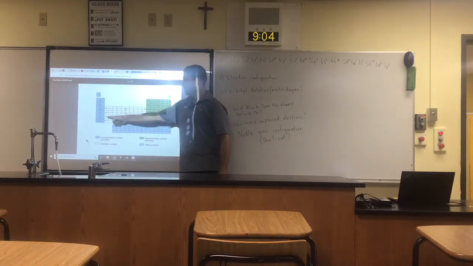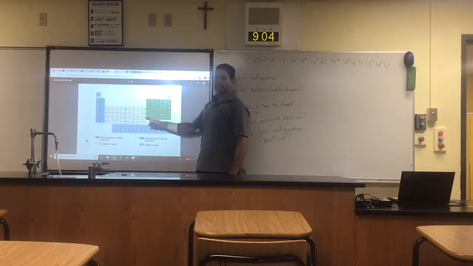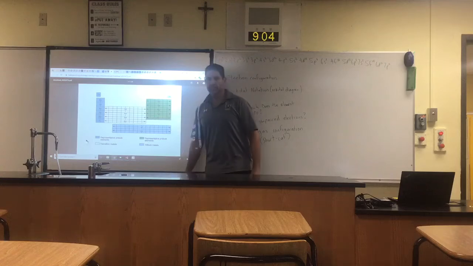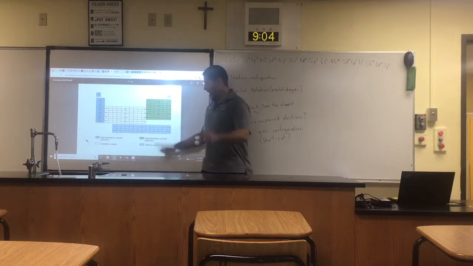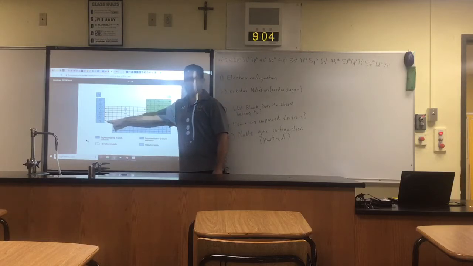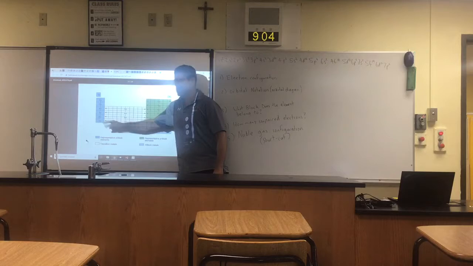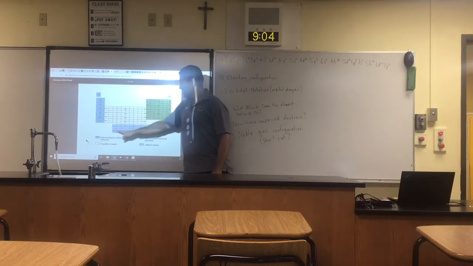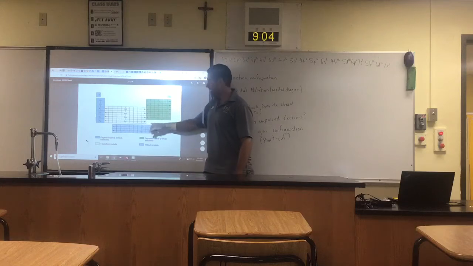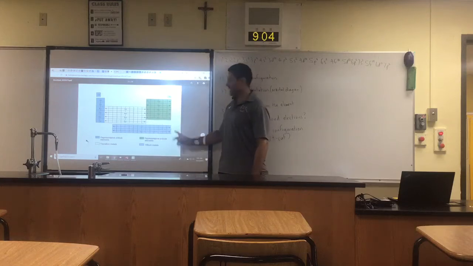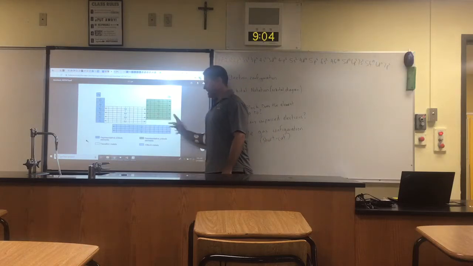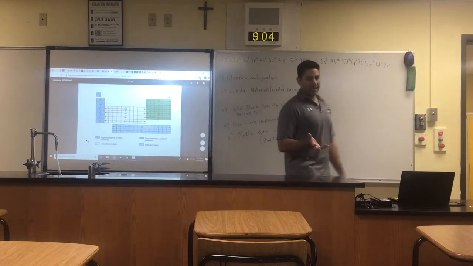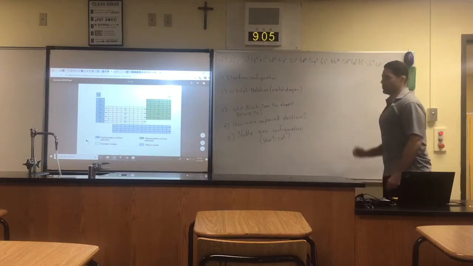Then you go back here and complete the row. 5d10, followed by 6p6. And our final row is 7s2. Again, the actinide series belongs here, so it'll be 7s2. Then you go to 5f14, then you go to 6d10, and I know here this is an older periodic table. This should be green, and that would be 7p6, and that would take you to the final one, which is oganesson, which is the one you see on the board.